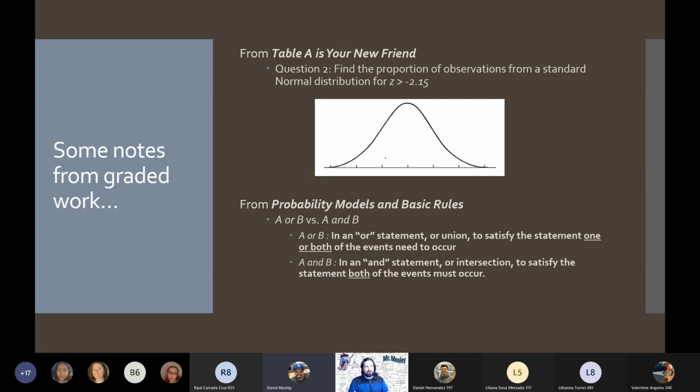One thing that's going to be very helpful when dealing with z-scores, and finding proportional observations using a standard normal distribution, is having the picture. It doesn't have to be perfect. It could just be a sketch, but having a picture of what you're doing is going to be incredibly helpful.